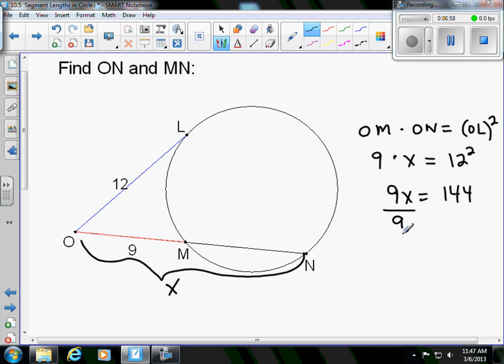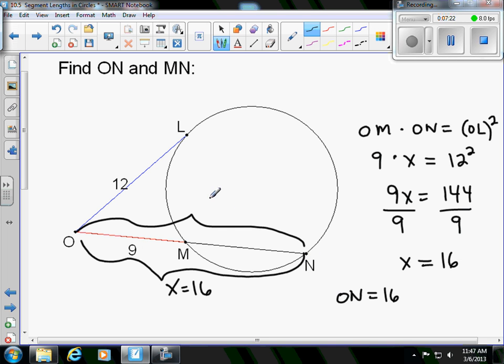So now we're going to solve by dividing each side by 9. We end up with x is 16. So from O to N, which is x, it's 16. Well, if it's 16 from O to N, and we know it's 9 units from O to M, how would we find the distance from M to N?